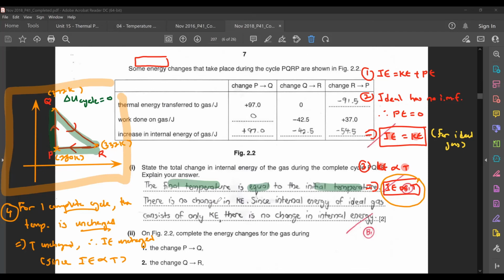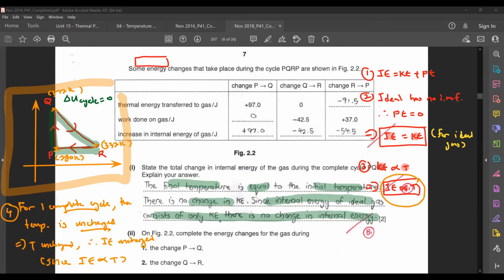There's actually no change in KE since internal energy of ideal... Oh, this one I explained it a different way. Okay, I explained it in a different way. So this one is one way of explaining it. Sorry, I think I probably overdid it. This one is based on this: IE is equal to KE. Right, sorry.